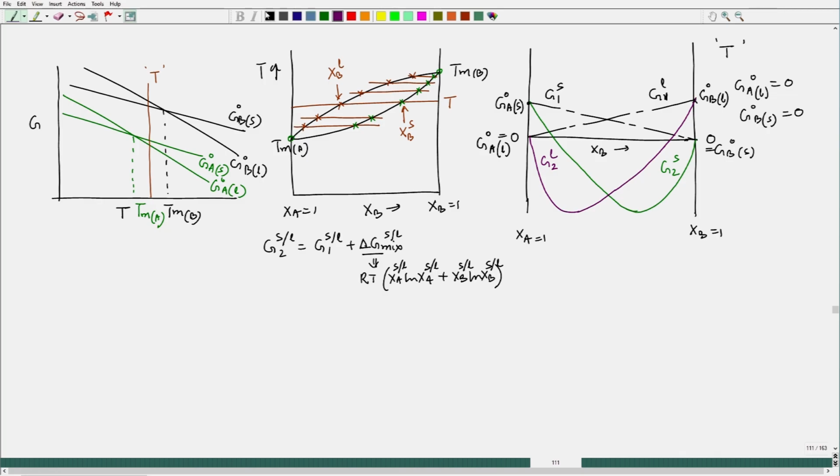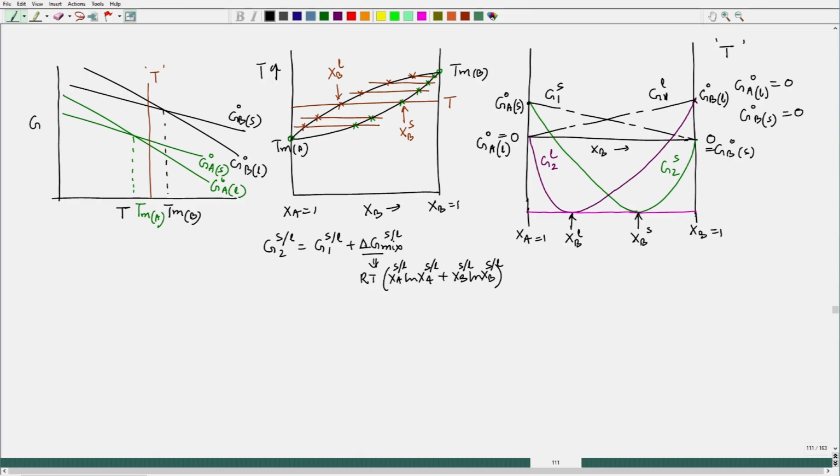And in order to find the equilibrium between solid and liquid phase, and which two compositions will be in equilibrium, we have to draw a tangent. So the tangent would be passing through, that is the common tangent, and we know why we have to draw the common tangent. This is X_B of liquid, this is X_B of solid. These two compositions.